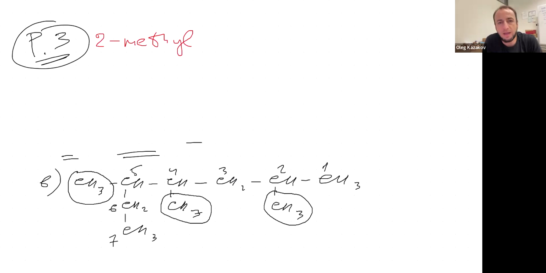Maybe 2-methyl. Then again, we'll have 4-methyl. I'm writing this in the red font, so you need to be on the alert, because it's a little bit incorrect. And then 5-methyl heptane. That's not quite what we're looking for in the name.